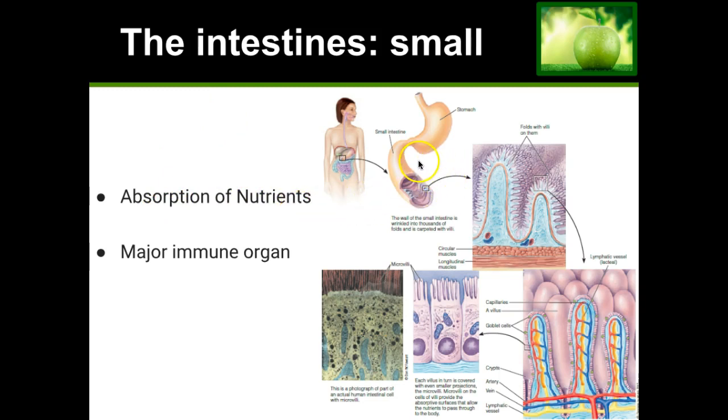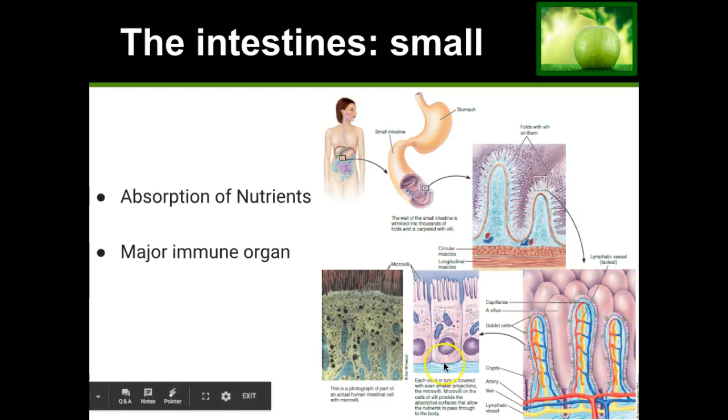The small intestine is covered by cells, and these cells are arranged into what are called villi. These villi have large ruffles on them, and these ruffles increase the surface area, allowing a great deal of absorption of food through these ruffles, or these microvilli.